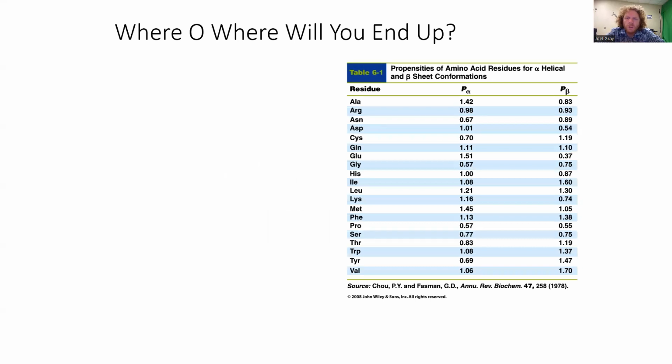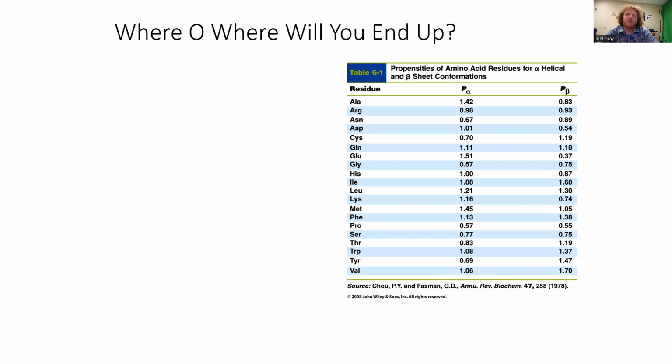Now, where we left off previously was looking at this table right here, which was our Chou-Fasman scoring for secondary structural propensities. This was just showing that every single amino acid was given a score back in the 1970s as to whether it was likely to fall into an alpha helix or a beta sheet, or not fall into, but be found in an alpha helix or a beta sheet.